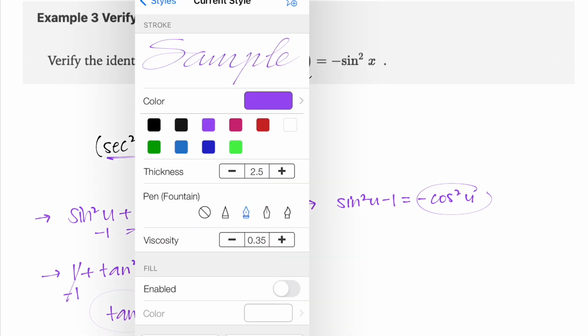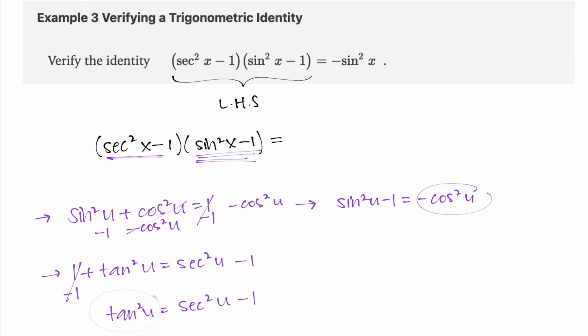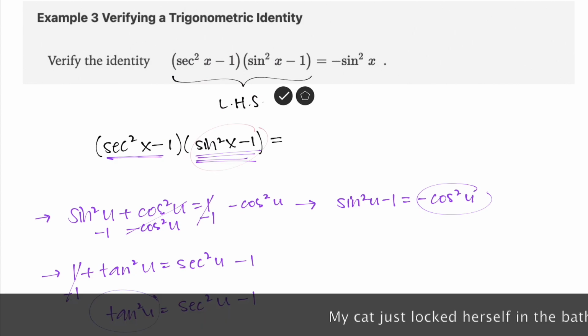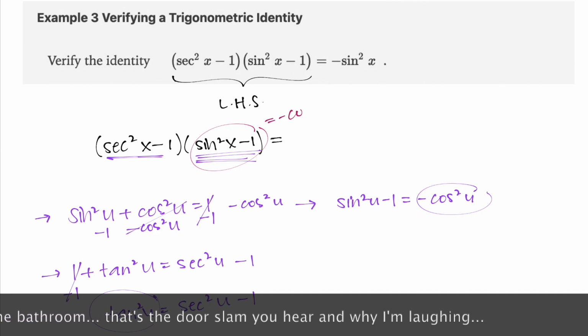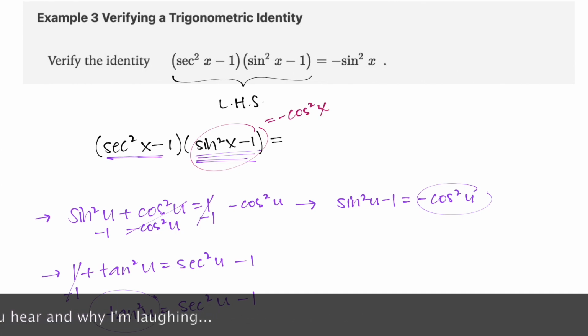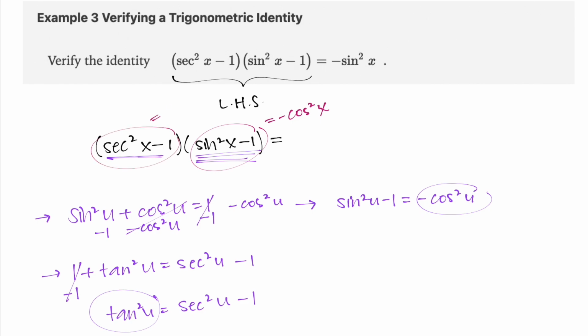So we're going to substitute whatever we were able to determine here. This becomes negative cosine squared x because the variable we're using is x, and this side becomes tangent squared x.